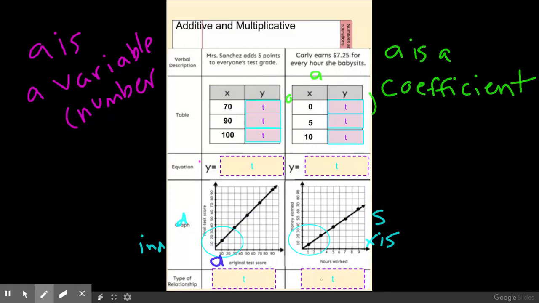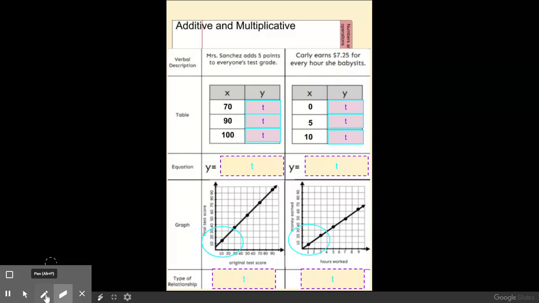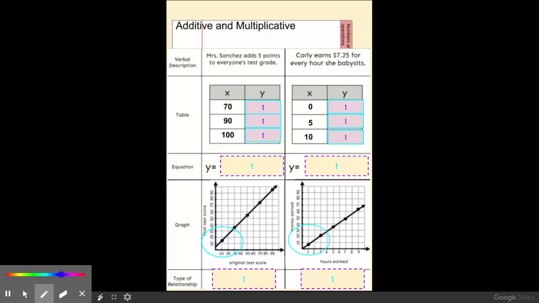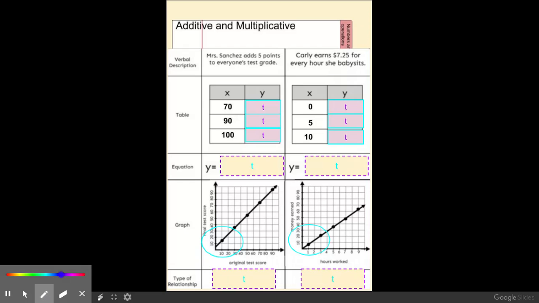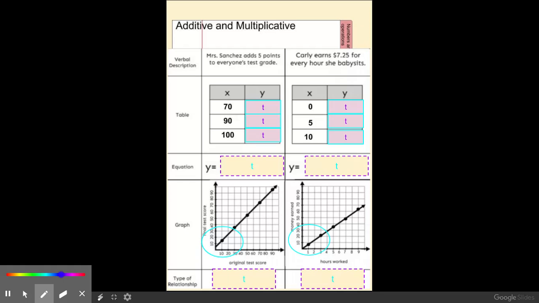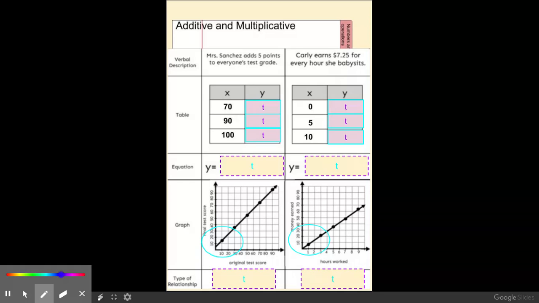All right, going on to the next slide, and let me erase here. We have some word problems here, and we're going to find the rule for them, and then we're going to say whether they're additive or multiplicative. So we're going to look at the problem here. It says, Mrs. Sanchez adds 5 points to everyone's test grade.